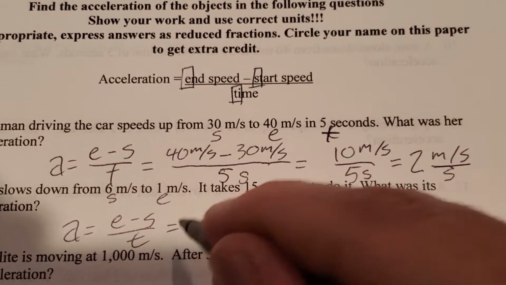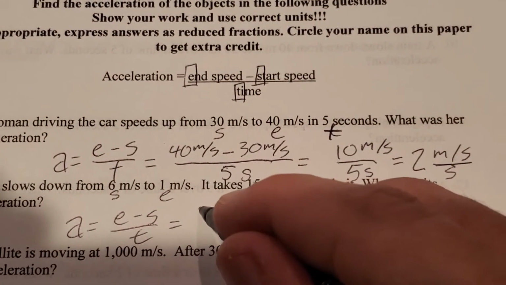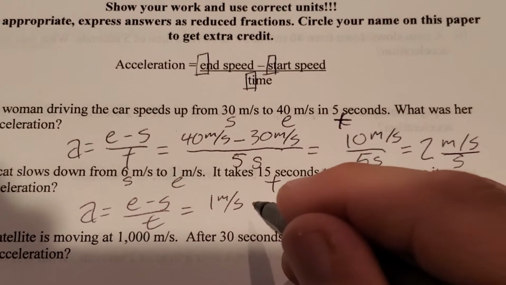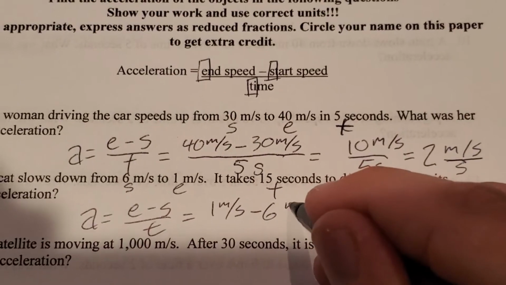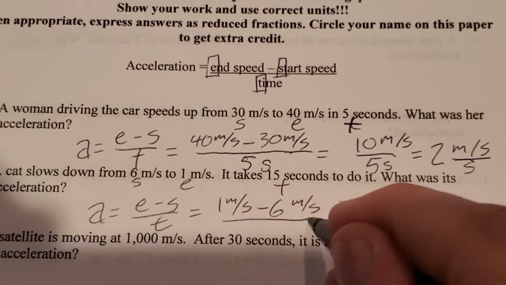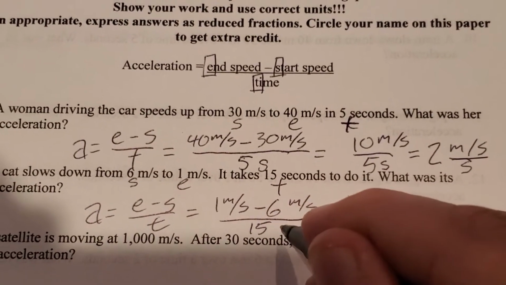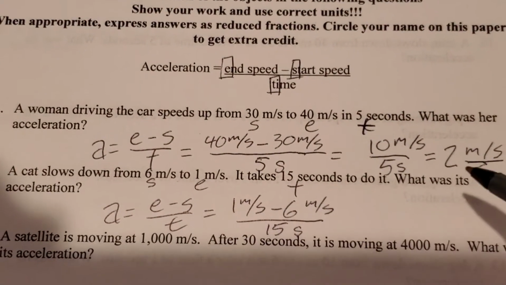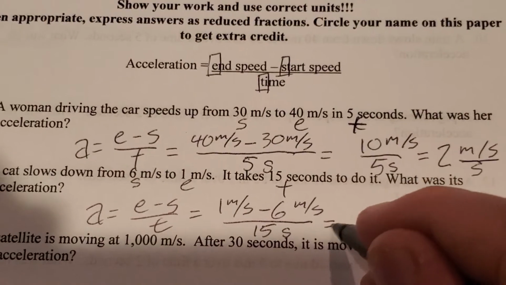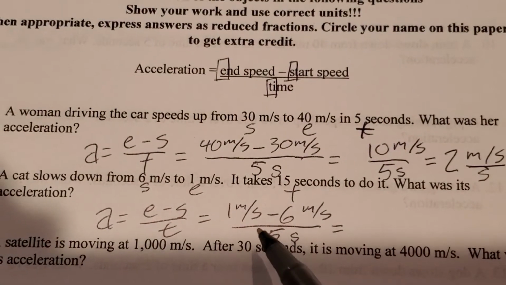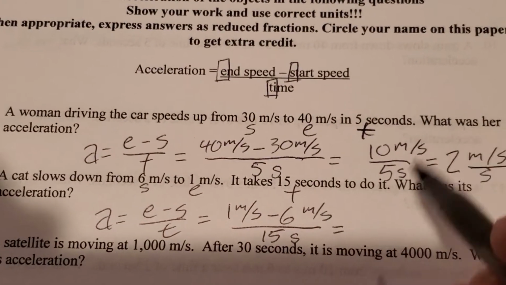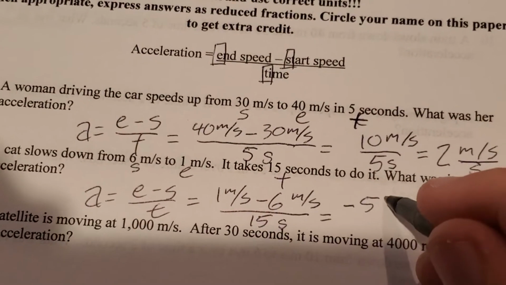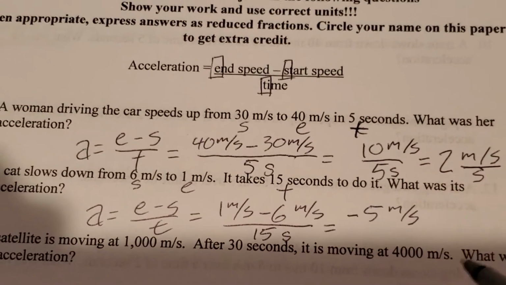That means we have 1 meter per second, because that's our end speed, minus 6 meters per second, all over 15 seconds. The cat was slowing down, and slowing down is negative acceleration. So I need to come up with a negative number. And sure enough, 1 minus 6 is negative 5, and that's meters per second.